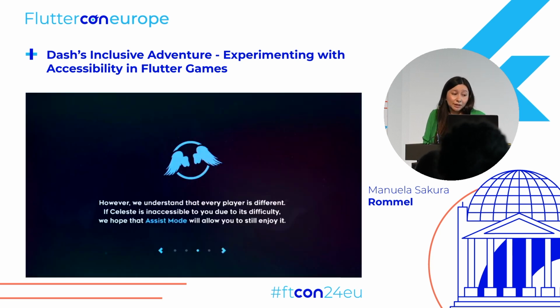So this is, for instance, the communication of Celeste. They will tell you that it will change the experience, but you can turn it on if the game is otherwise too difficult for you or unplayable even.